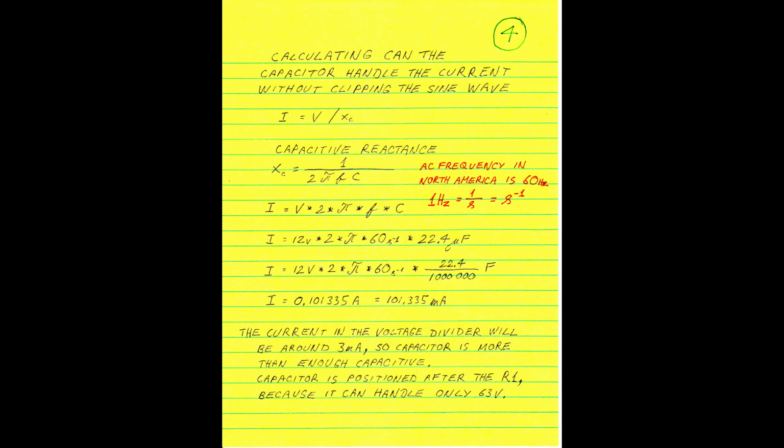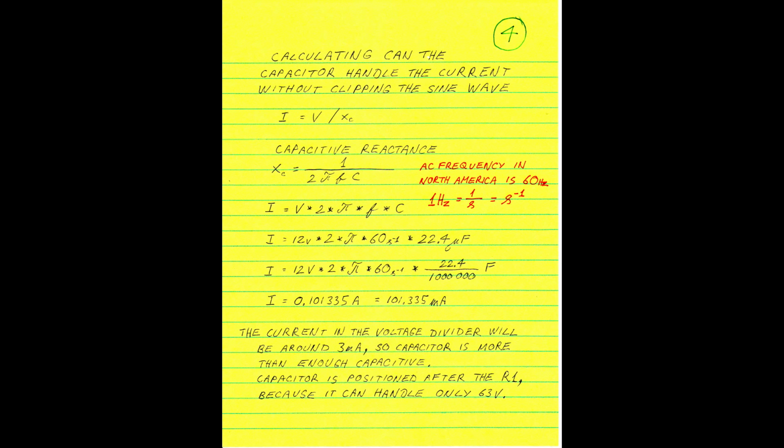I equals 12 volts times 2 times pi times 60 s to the minus 1 times 22.4 over 1 million farads, and I equals 0.101335 amps, and that's equal to 101.335 milliamps. The current in the voltage divider will be around 3 milliamps, so the capacitor is more than enough.